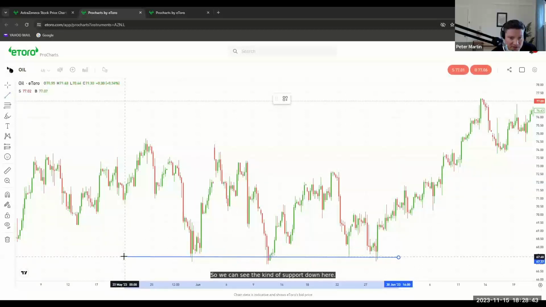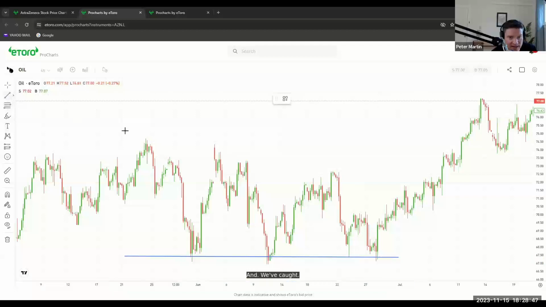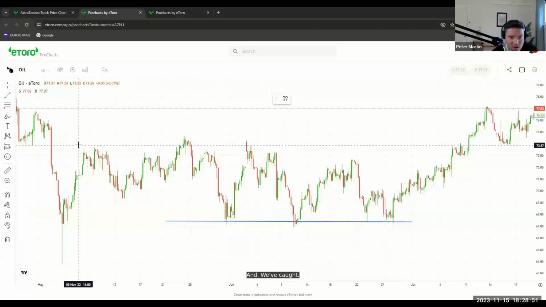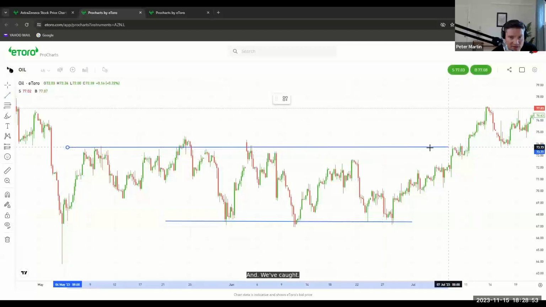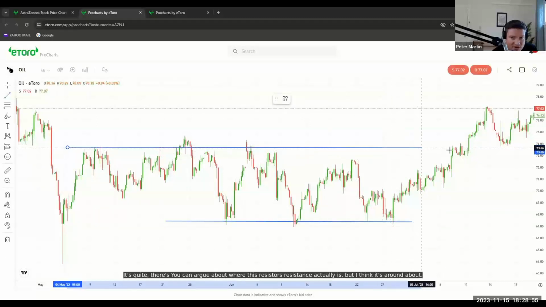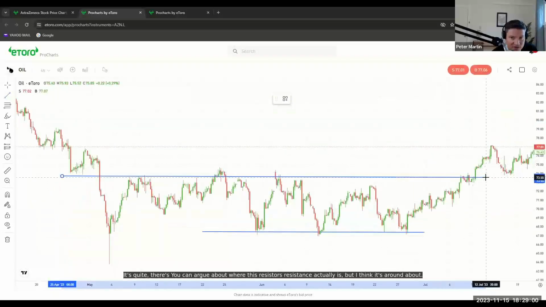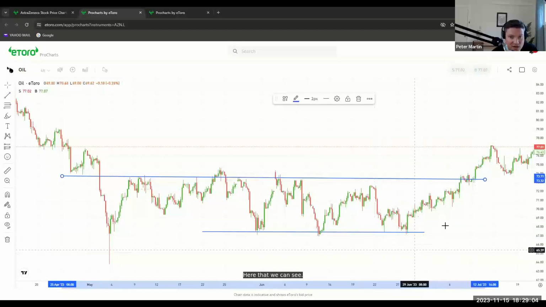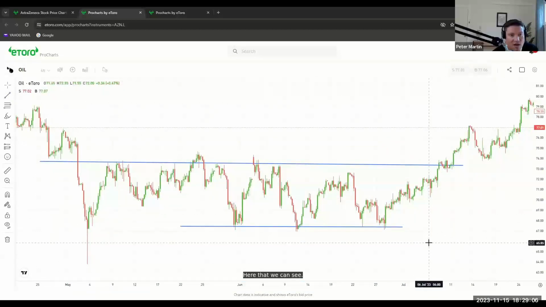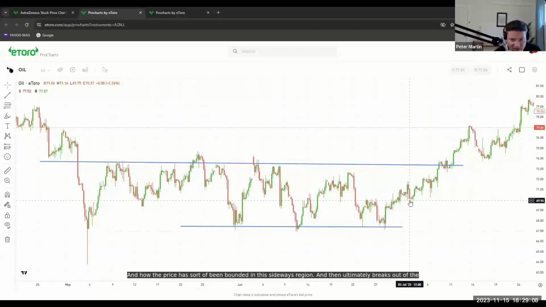We can see the support down here, and you can argue about where the resistance actually is, but I think it's around about here. We can see how the price has been bounded in this sideways region, and then ultimately breaks out of the rectangle pattern.